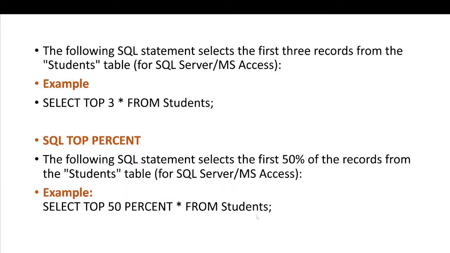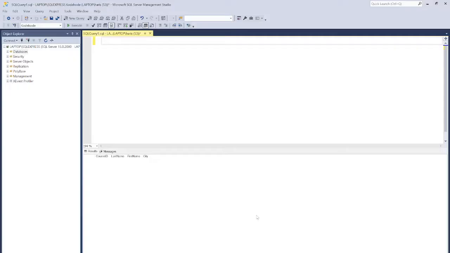We shall see one small example so you will be able to understand. SELECT TOP, I'll give 4 records, * FROM students. I have 4 records because I gave SELECT TOP 4.